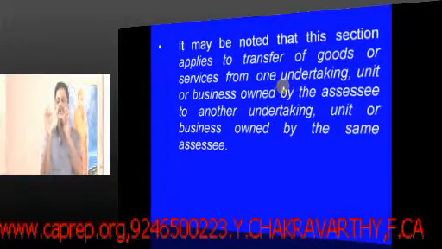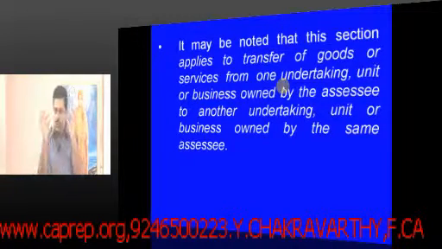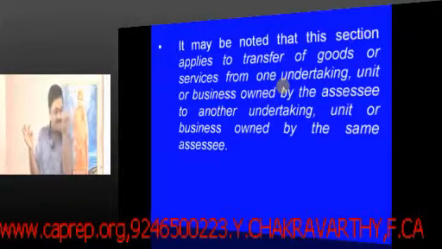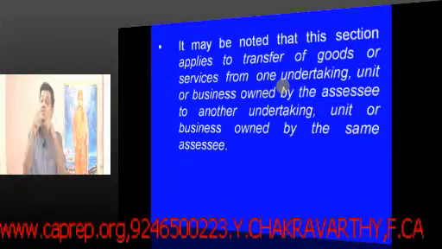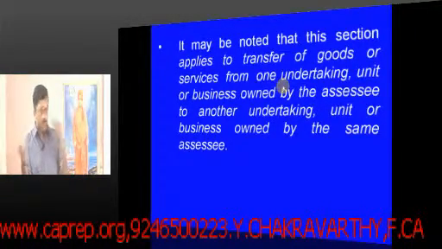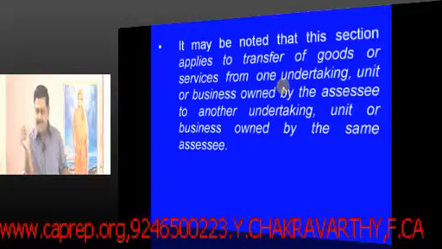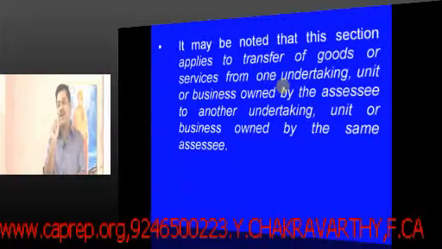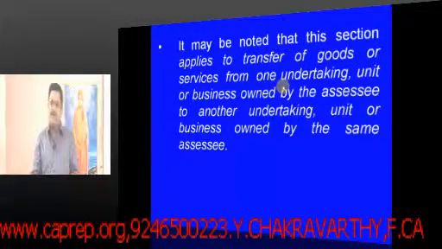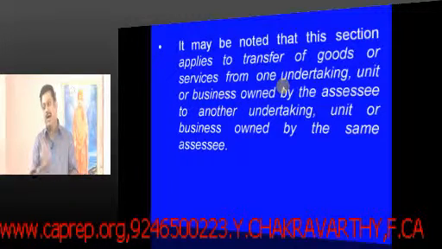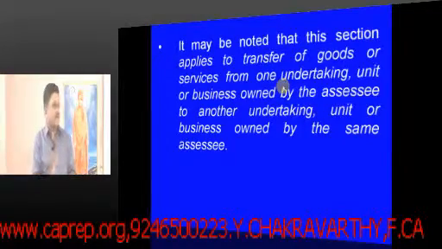So in 80IA6, what I am looking at is, if a particular SSE has got two undertakings or two businesses, and one business is eligible for 80IA6 and another is not, then the transactions between those two undertakings must be keenly looked at with a scanner, so that whether they are being carried out at arm length price or not, the assessing officer has to ascertain it. And if it is not done, he has to refer the matter to the transfer pricing officer and correctly bring the value to the arm length price, so that correct ascertainment of the profits happens. Correct deduction will be given under section 80IA6.